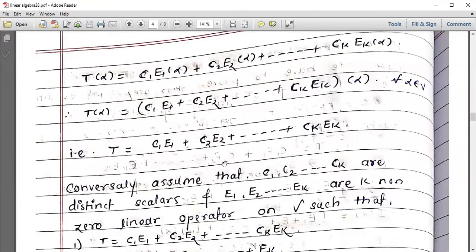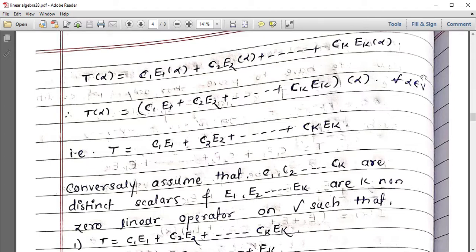Hence, running the summation from i equal to 1 to k, T of alpha is equal to C1 E1 of alpha plus C2 E2 of alpha up to Ck Ek of alpha, that is, C1 E1 plus C2 E2 plus up to Ck Ek applied to alpha, for all alpha belonging to V.